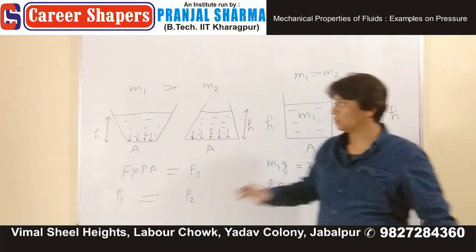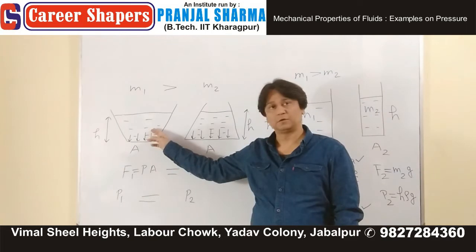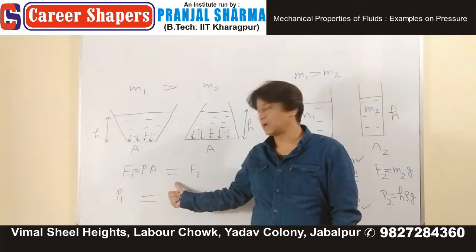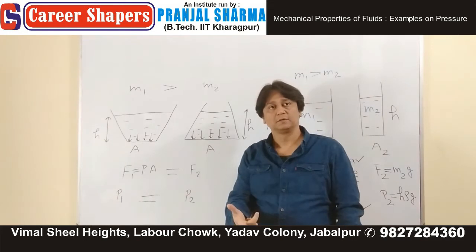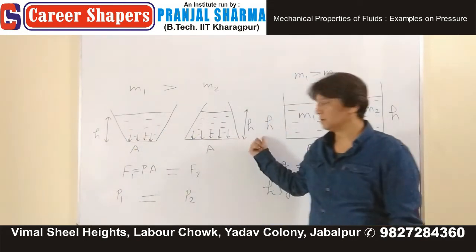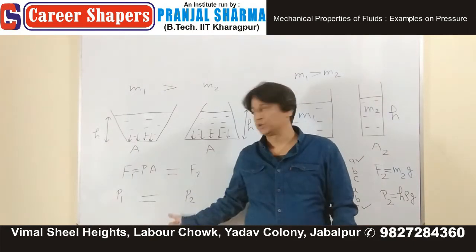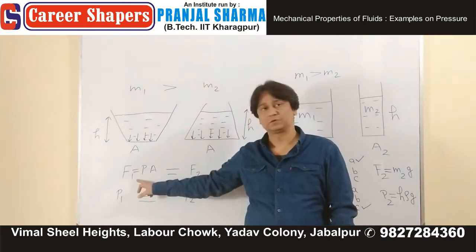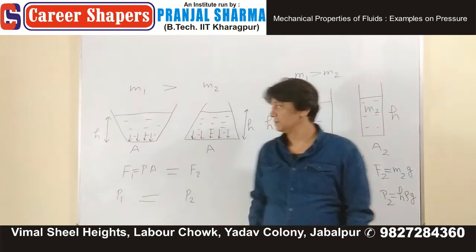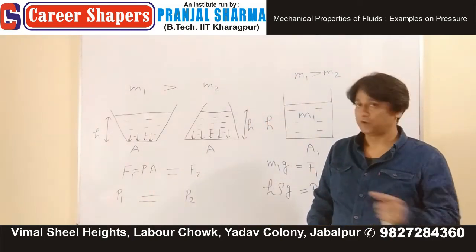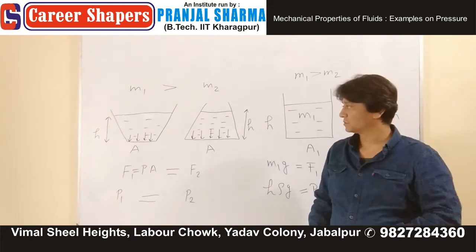But although this has more mass, you're getting the same force at the bottom. Reason: same height gives you the same pressure, and once you have the pressure, you can find force directly. That's the reason we are interested in pressure first and then force.